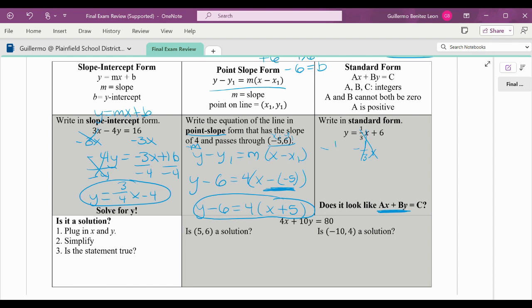And what you do on one side, you do to the other. Negative 1/3 x. That y was positive, so plus y equals 6. Technically, standard form means that this should be a whole number, but as long as you remember that x and y need to be on the same side, you're good.